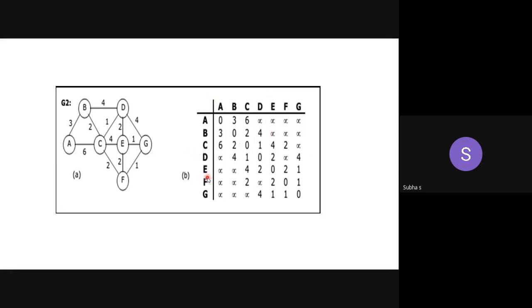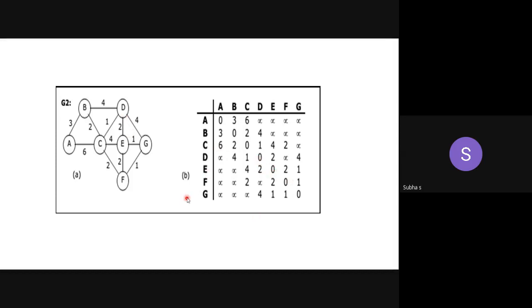Hope you understood. Let me go directly to node E. How many nodes are adjacent to E? C, D, F and G. So come to this particular E: C, D, F and G. Put the corresponding weight. E to D, 2 is there, so put 2.